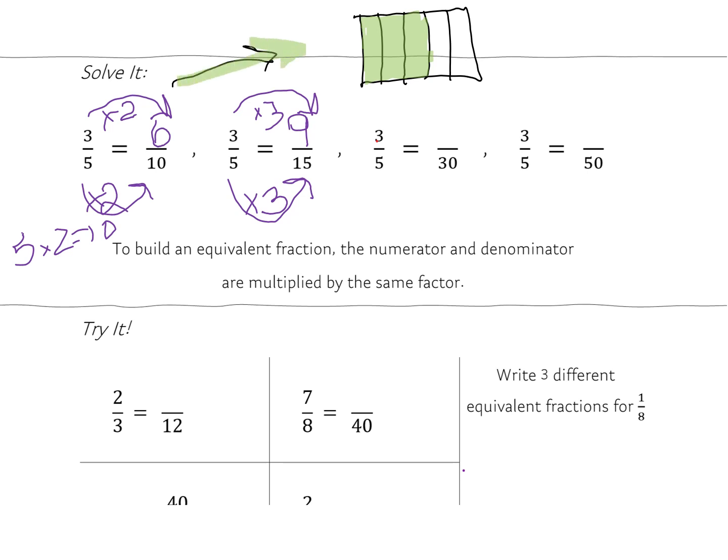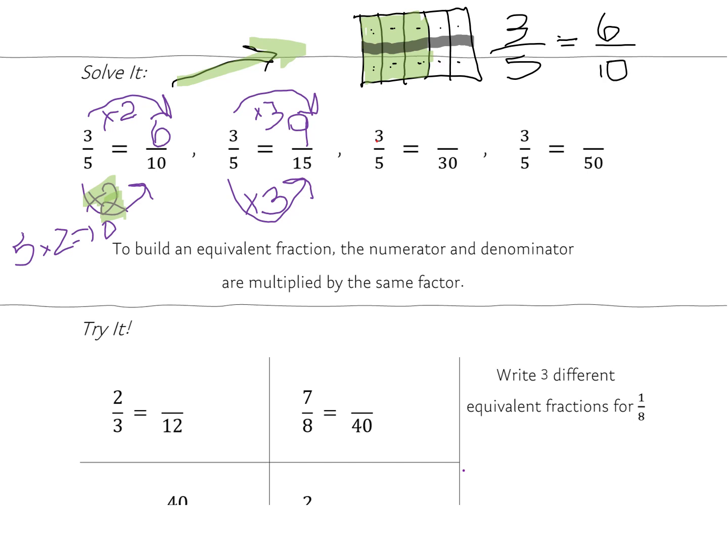So if I have my 3/5, when I multiplied it by 2, back here in this first problem, what I really did is I took each piece and I just cut it into 2 pieces. In that way, I can see whether I write my fraction as 3/5 or I write it as 6 out of 10 pieces.